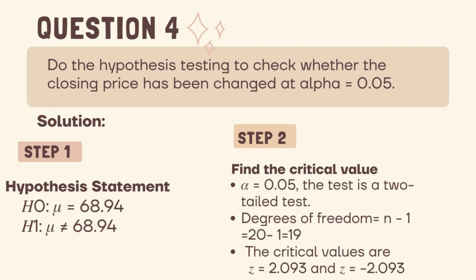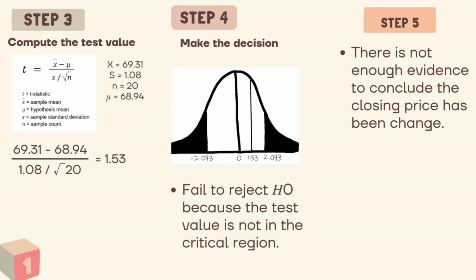From the t table, we see that the degrees of freedom is 19 and the alpha is 0.05 for a two-tail test, so we get the critical values of 2.093 and negative 2.093. And the third step, we compute the test value. From the question, the sample size is less than 30, so we use a t-test.